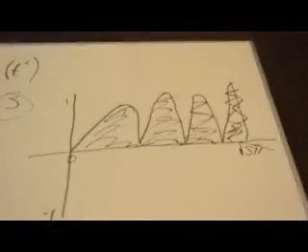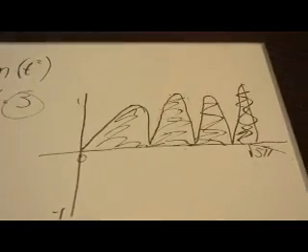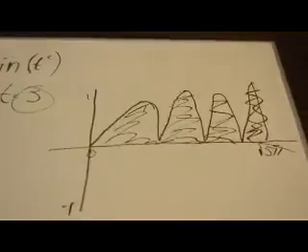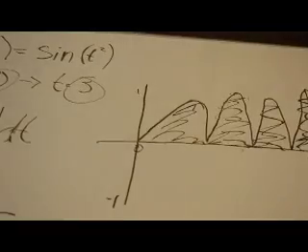Before you graph it, you want to go to your window and set it, because we don't need all of that. We only need from 0 to root 6 pi, and then from -1 to 1.